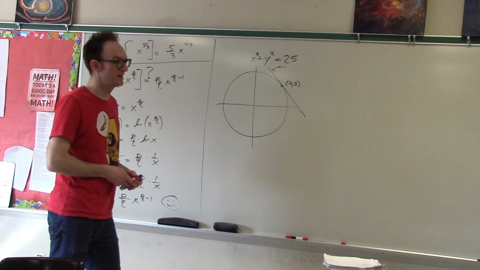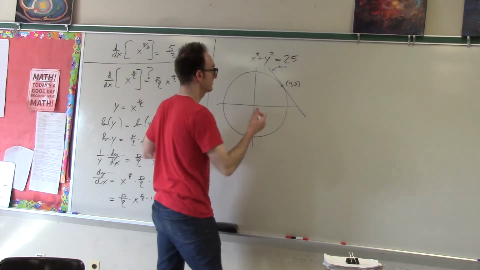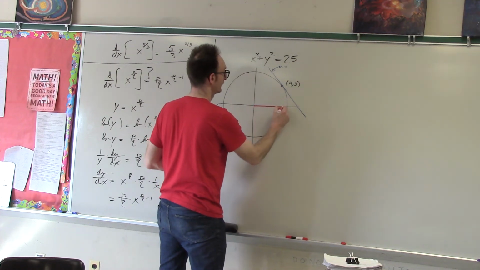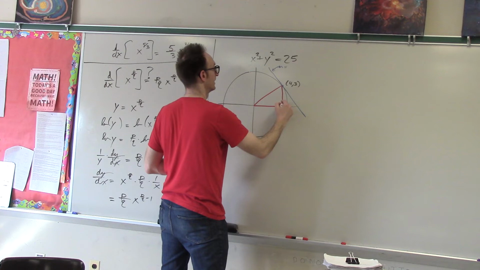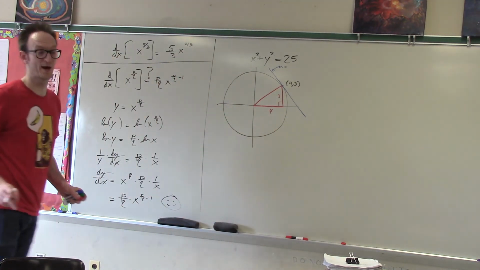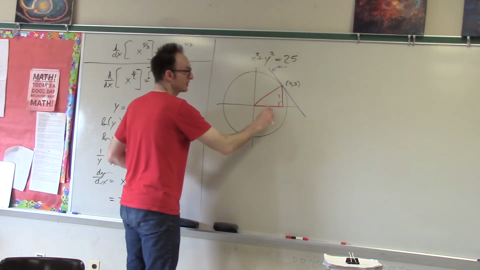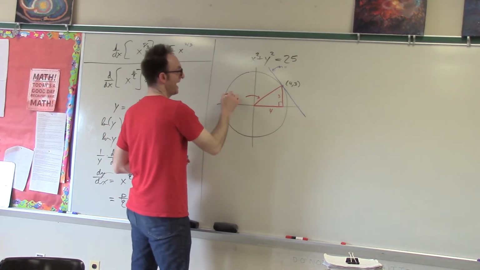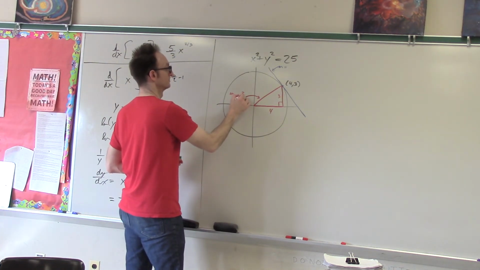What does it mean if this point is 4, 3 anyway? It means that I go over 4 and up 3, right? That's the whole meaning of the ordered pair 4, 3. If that's true, then this line, which is the radius, has a slope equal to 3/4, of course.